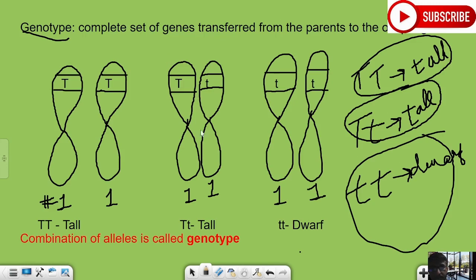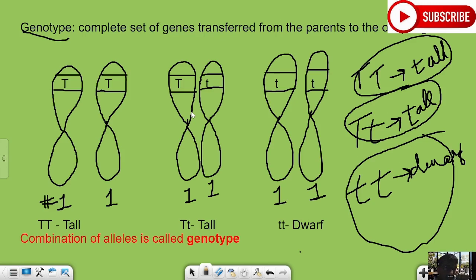So the number of genotypes is 3, but there are only 2 phenotypes: tall and dwarf. There is no intermediate character here. So here the genotypes are 3 and the phenotypes are 2.